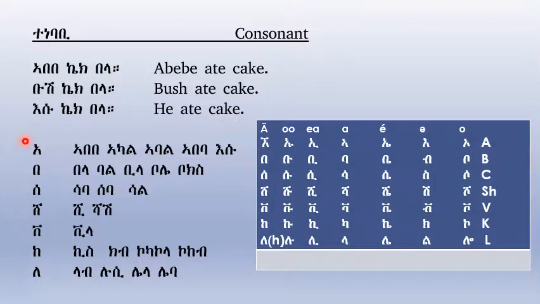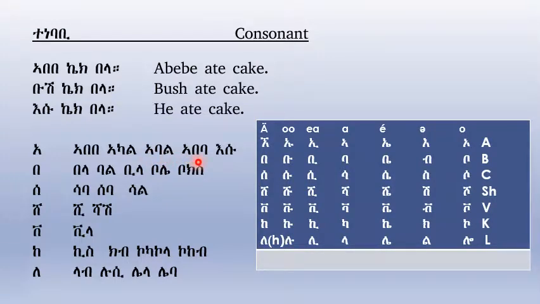Now here are the alphabets we have learned so far. Let's practice reading. But don't worry about the meanings this time. We focus on the reading. A, Abebe, akal, body. A, abal, member.